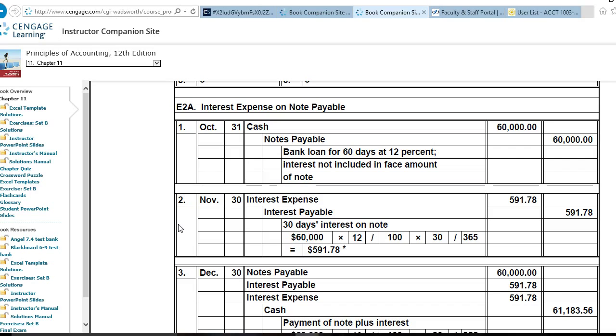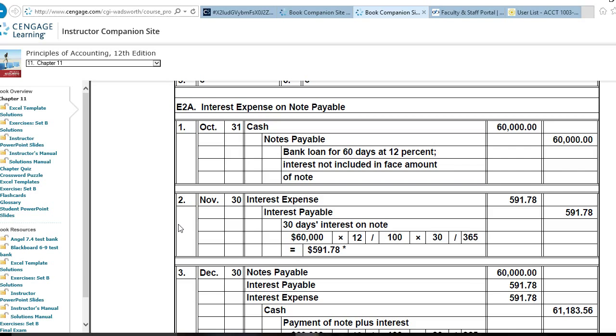Now, come November 30th, we're not going to pay this note for 30 more days, but we need to accrue how much we owe the bank so we can show it on our books accordingly. It's a 12% interest rate, and already 30 days have accrued.